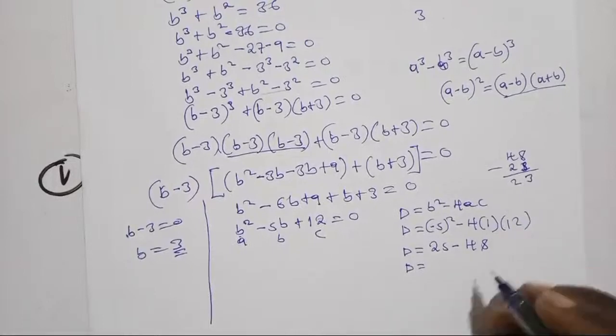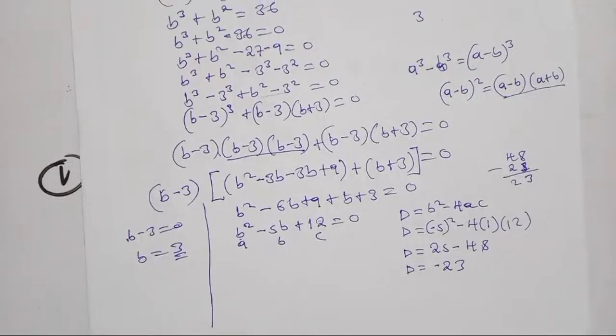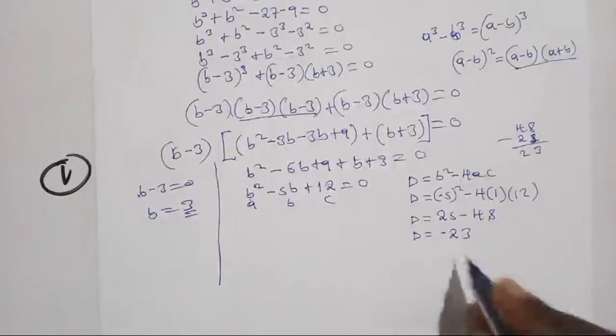We have minus 23, right? So now we have found our discriminant.